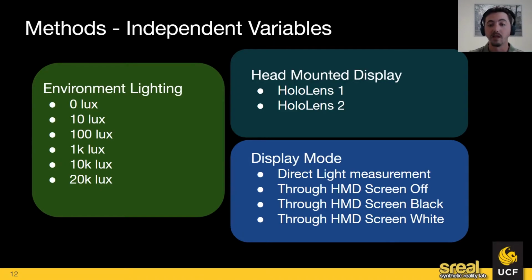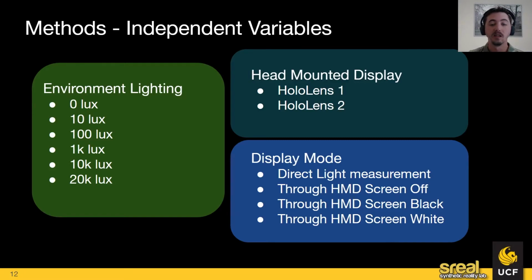So the first was made as a direct measurement of the light, just to establish the illuminance coming from the light. Then we would put the headset down with it powered off to get an idea on how the tint was reducing the incoming light from the user's perspective. Finally, we would turn the headset on and do a measurement with the screen rendering all black or transparent.